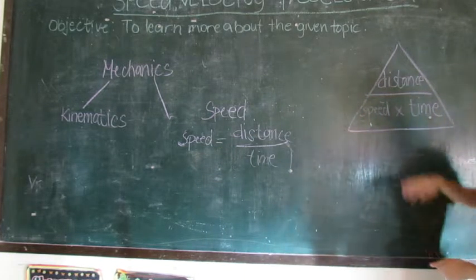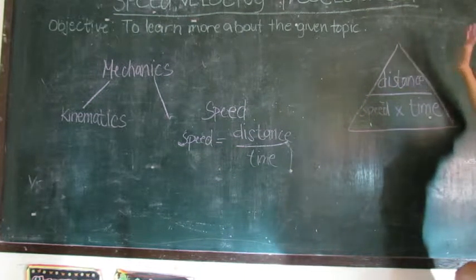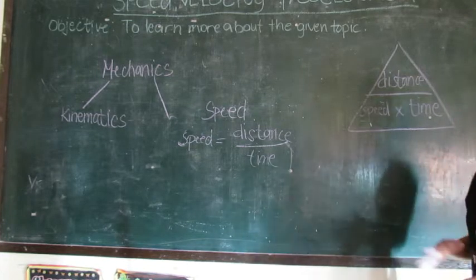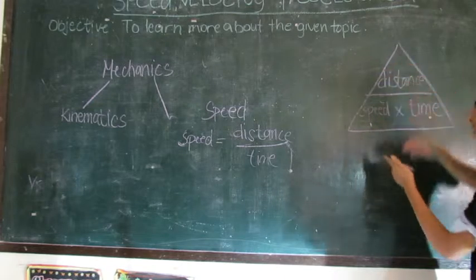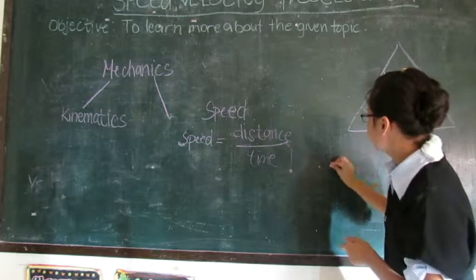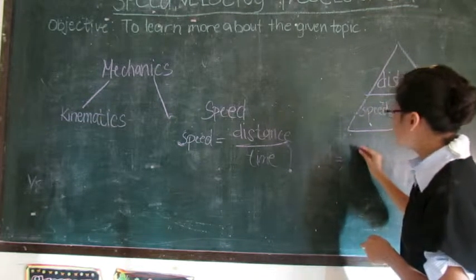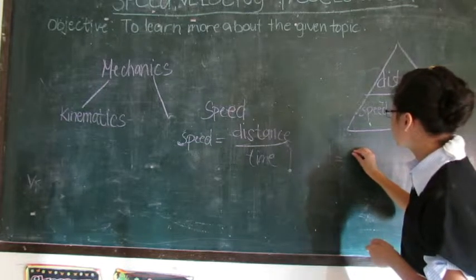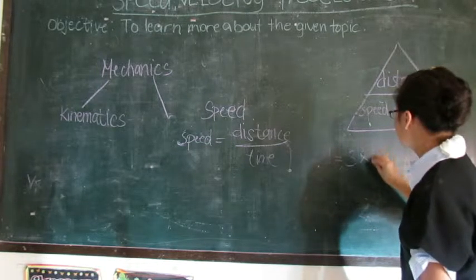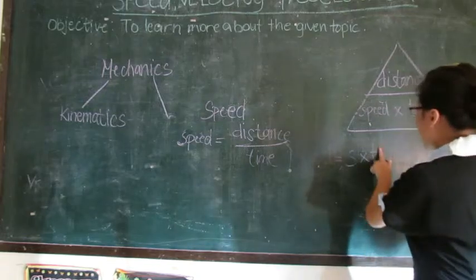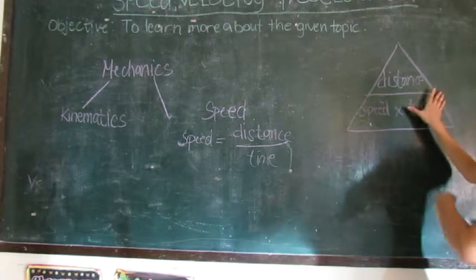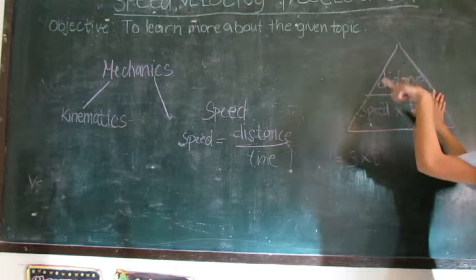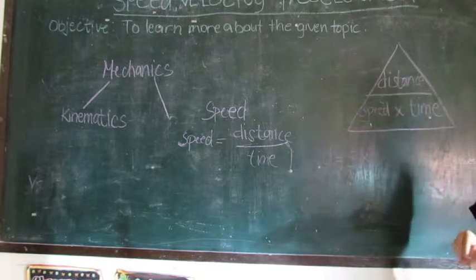So when the situation looks for the distance, the equation will be distance is equal to speed times time. And when we look for time, the equation will be distance over speed.